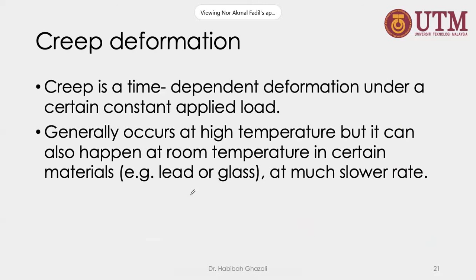So if you reach only 1/3 of the melting temperature, you may induce creep behavior. Okay, 1/3. If tin, standard tin, the melting temperature is around 230, 250. 1/3, not in degrees Celsius, but 1/3 of the melting temperature in Kelvin.